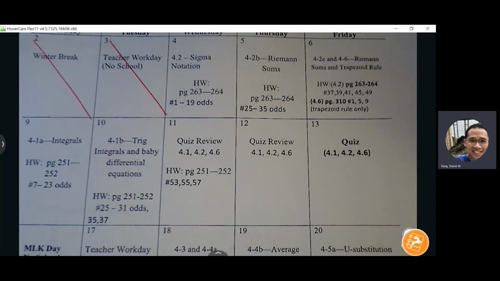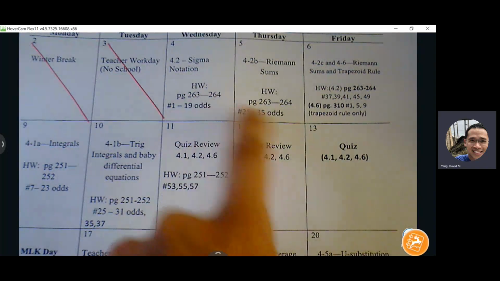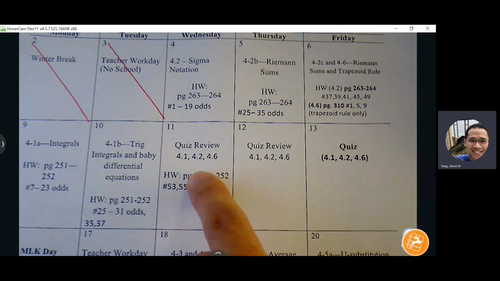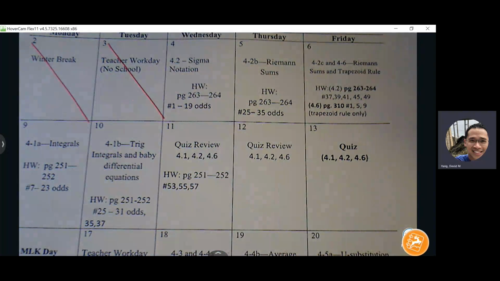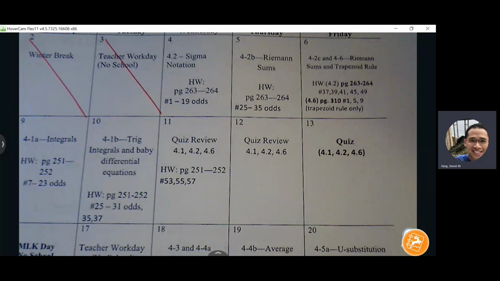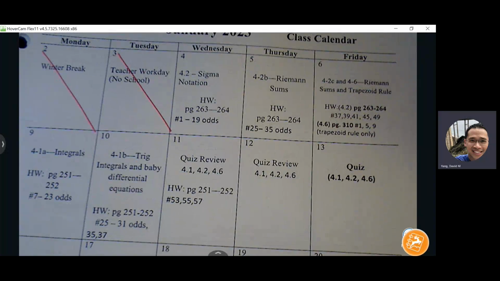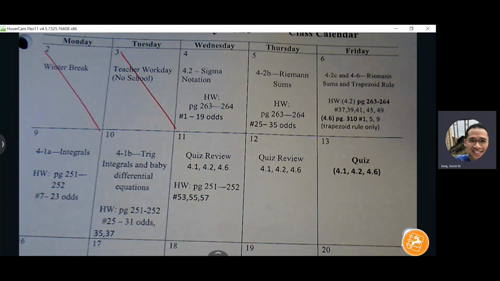Also, your calendar, as well as the homework pages for the entire unit. Right now we're only starting with 4.1, 4.2, and 4.6. And then we'll move on to the calculus portions.